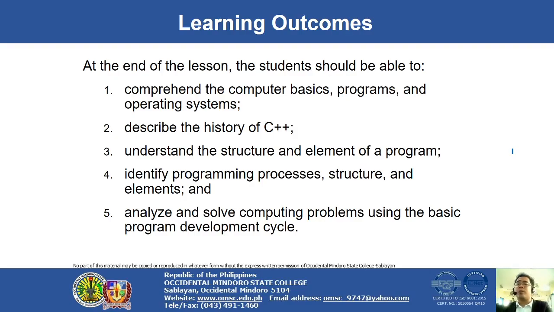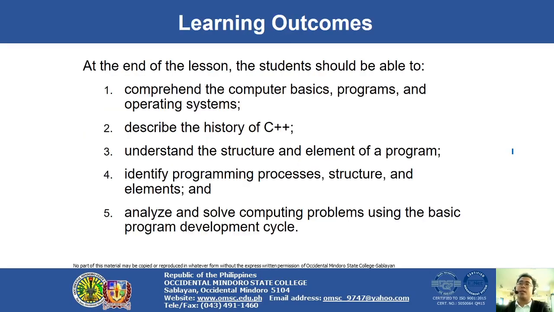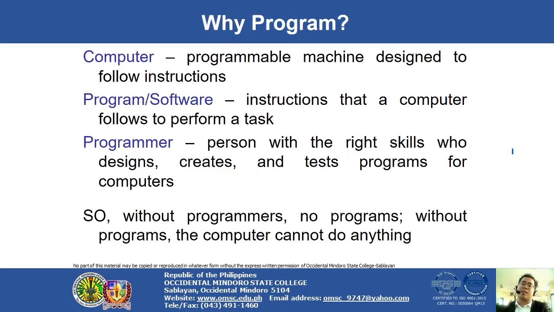Okay, so before we proceed with the first topic, which is the computer system hardware and software, let us first know why we call this a program, because we are learning C++ programming. So why do some other people, in layman's terms, call this a program?